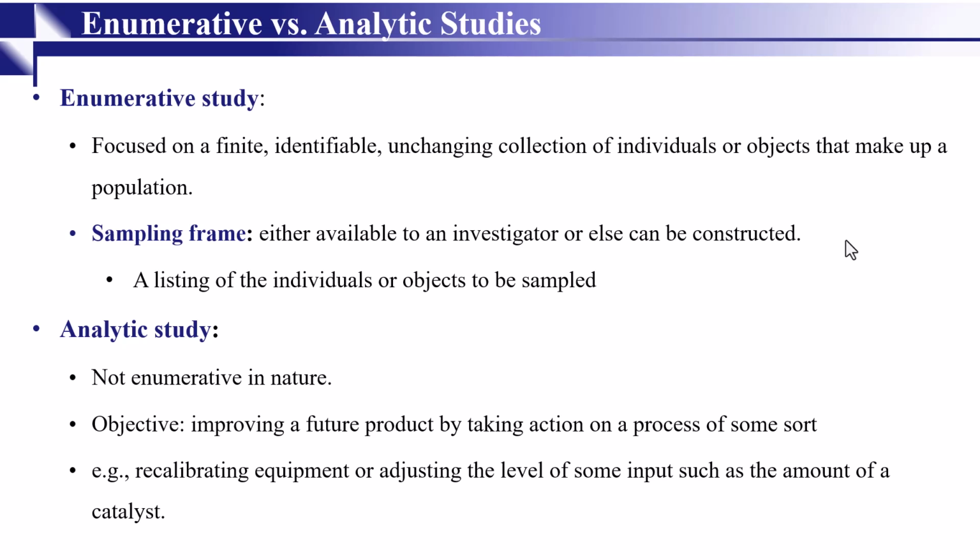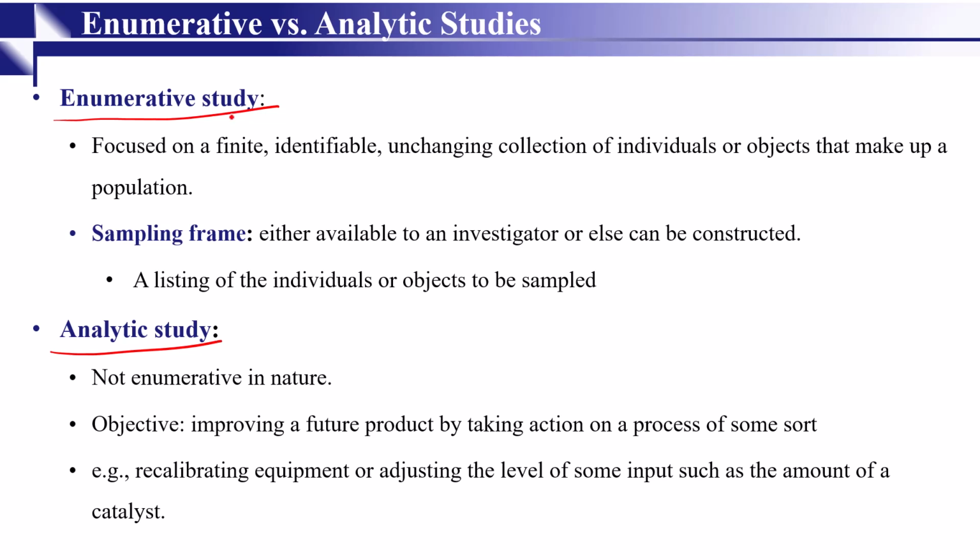Statistical studies can be broadly classified into two categories. One is enumerative study and the other is analytic study. The distinction between these two types is crucial in research and decision making as they serve different purposes. Enumerative studies focus on analyzing an existing population, while analytic studies aim to improve future outcomes through process understanding and innovation.